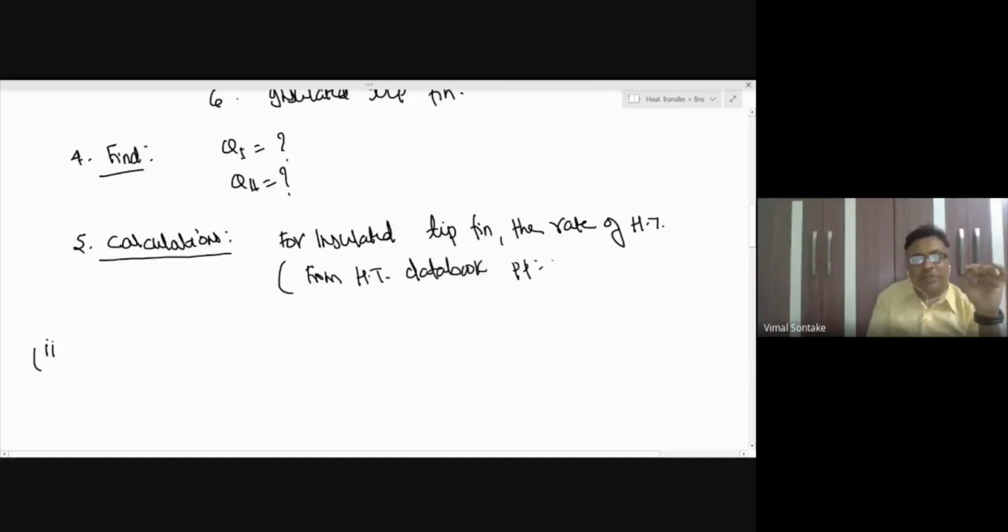In my case, it is page number 50. Okay, HT data book by Domkundwar.